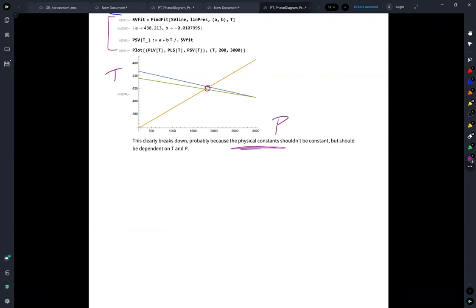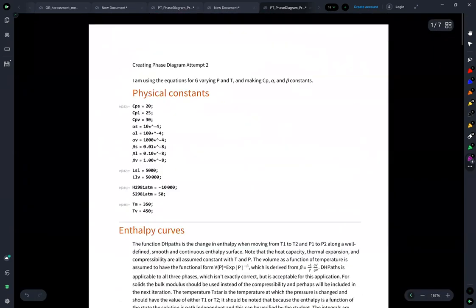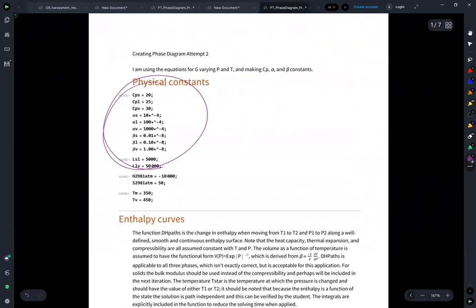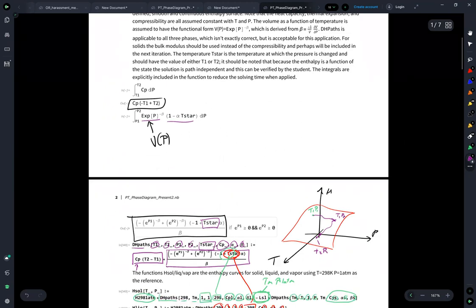Which means that if I want to do this correct, and again, this is why they don't show these in textbooks, because if you want to do this correct, you're going to have to go back up here to the top and get these physical constants to have significance. So I think that what I've shown you here is the right path to get things going using compressibilities or bulk modulus.